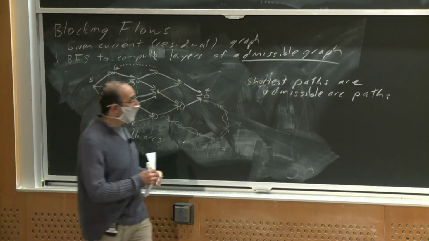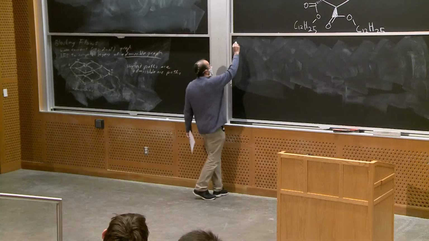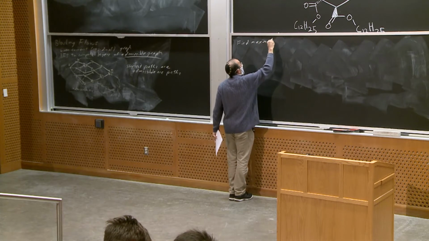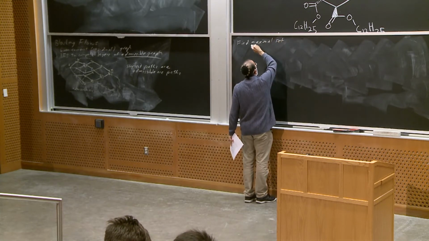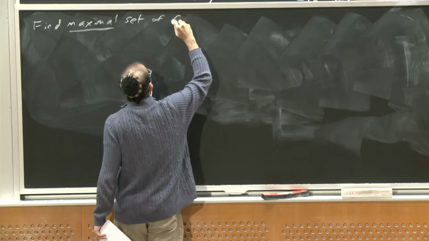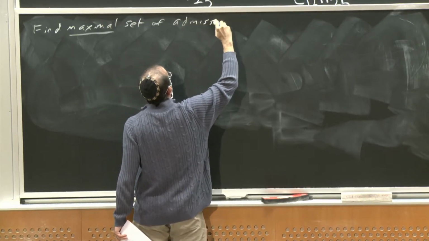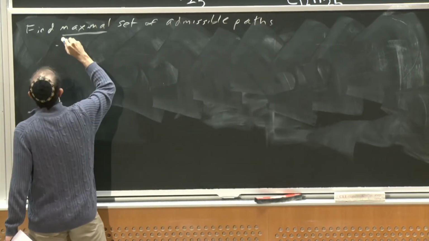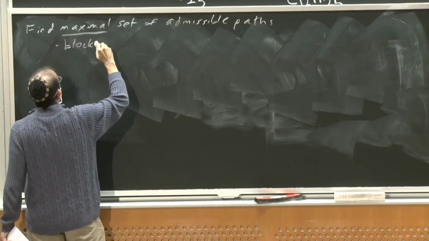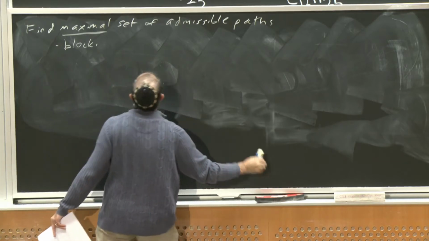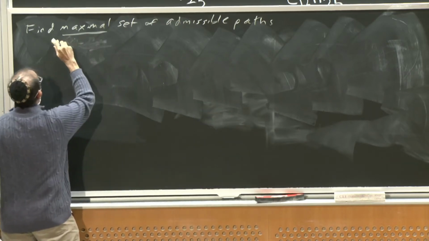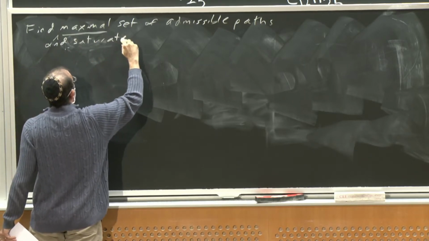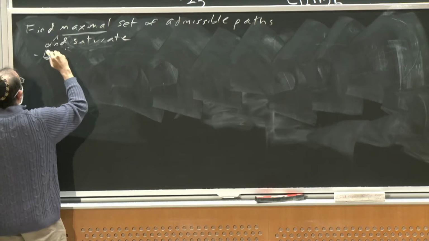So we can, in fact, find a maximal set of these admissible paths. Sorry, we find and saturate. And this is called a blocking flow.